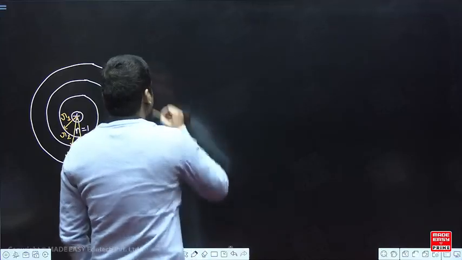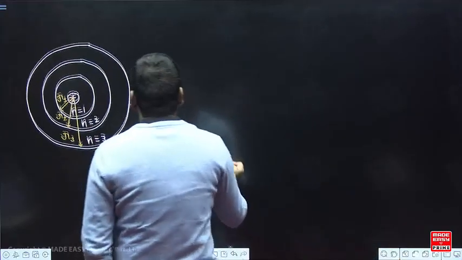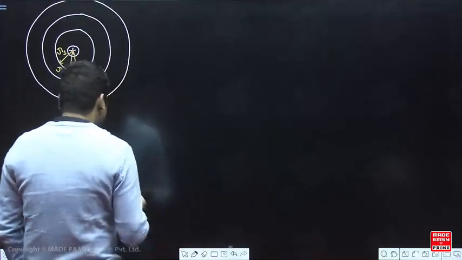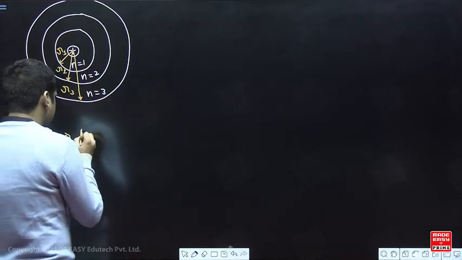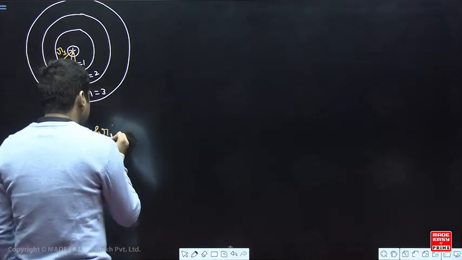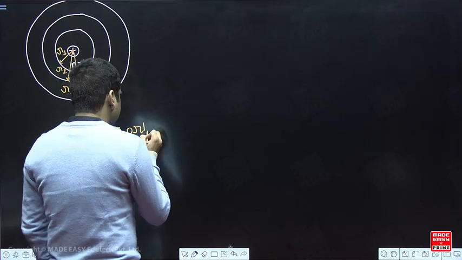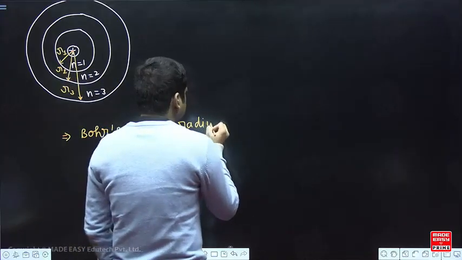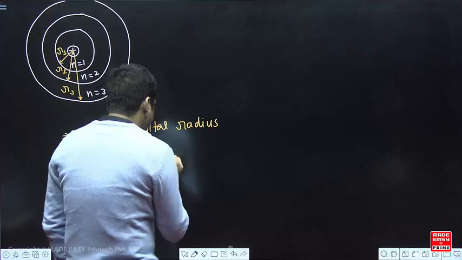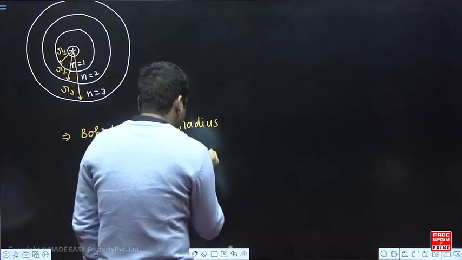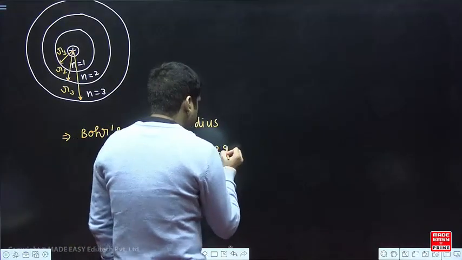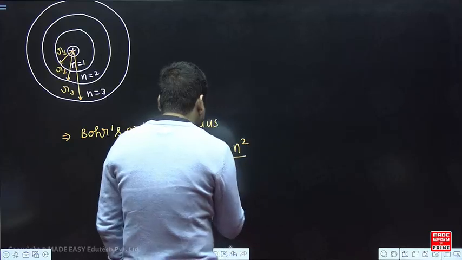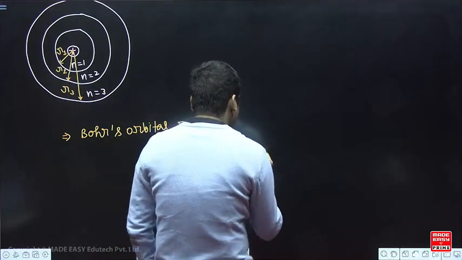So Bohr's orbital radius, यानी बोहर के ऑर्बिट्स की रेडियस, Bohr's orbital radius r n is 0.529 n square by Z angstrom.